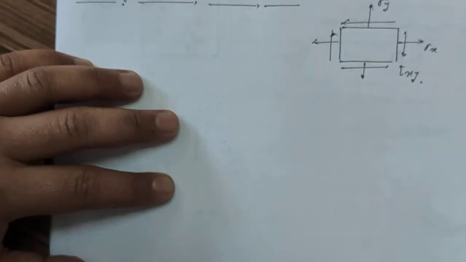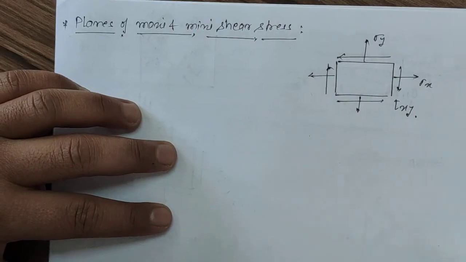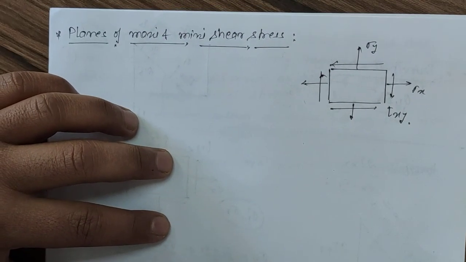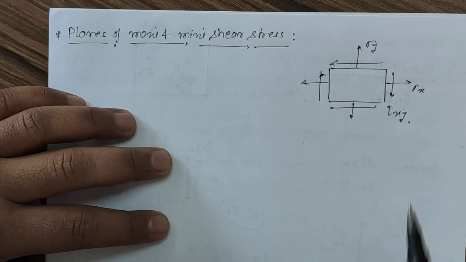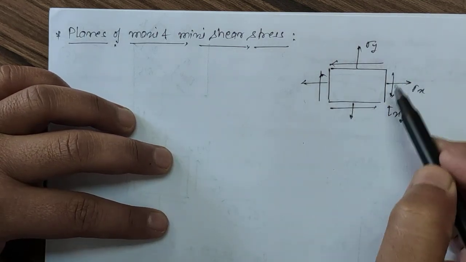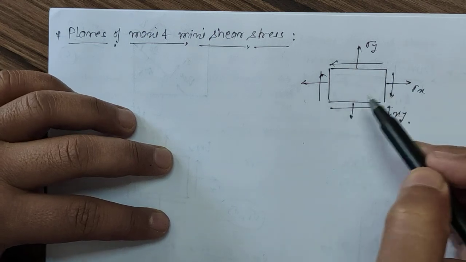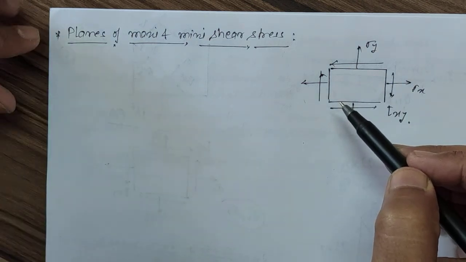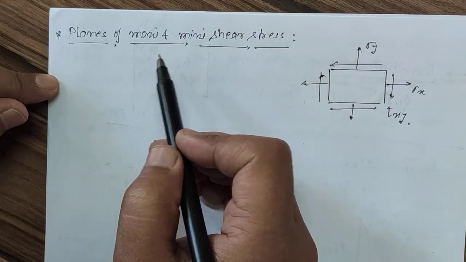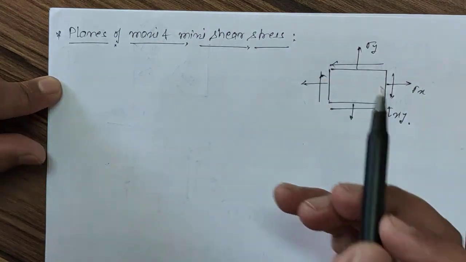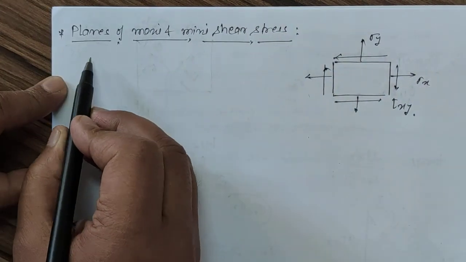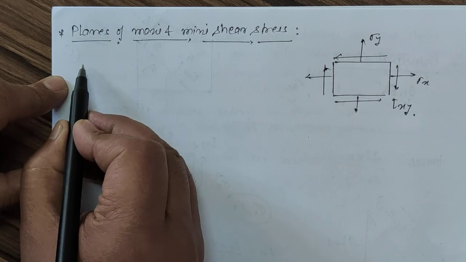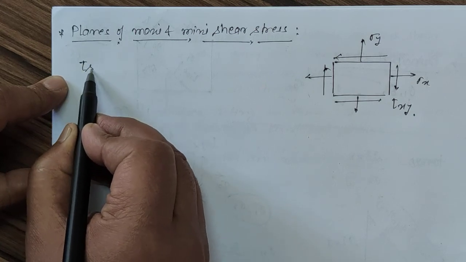Now on this element, we have to calculate the planes on which we are having maximum and minimum shear stress. So for the maxima minima condition, we can take our formula for the shear stress tau s.